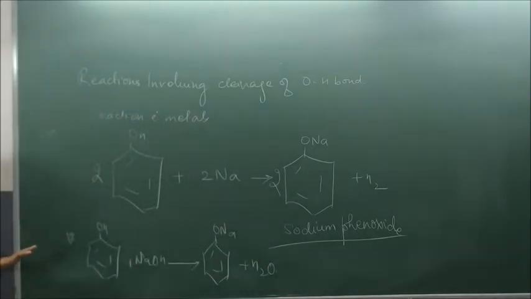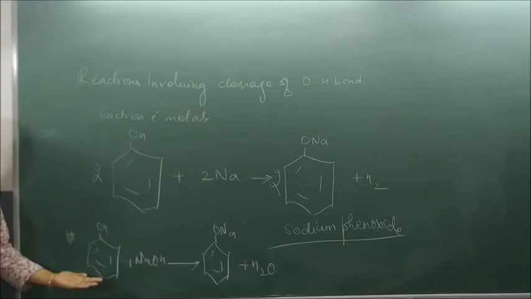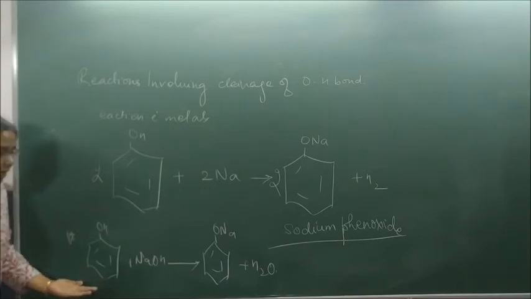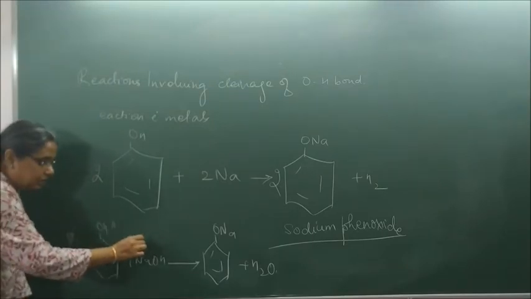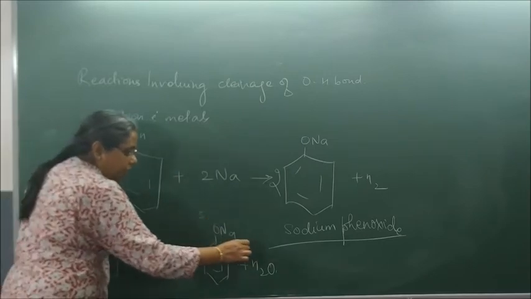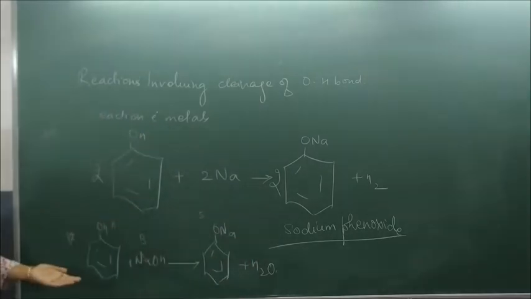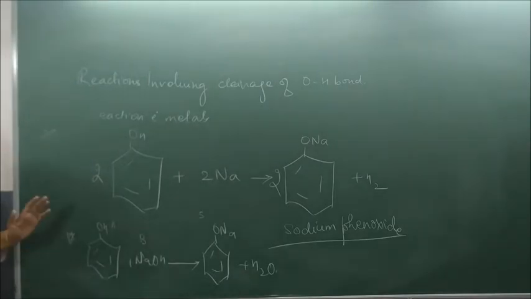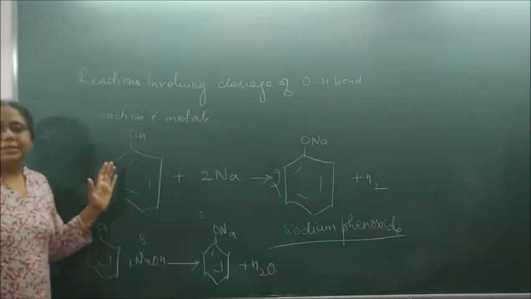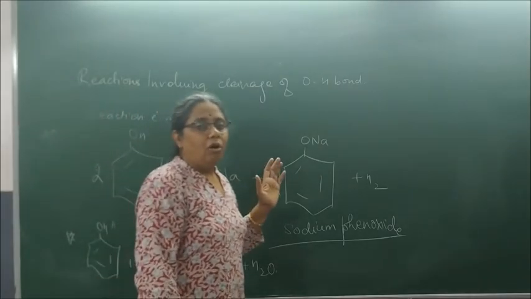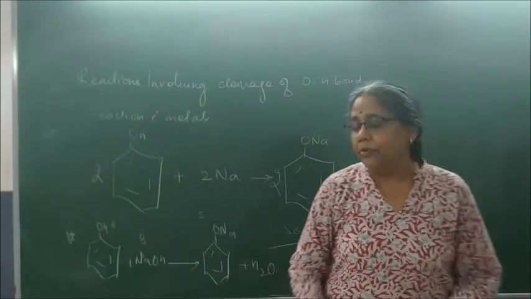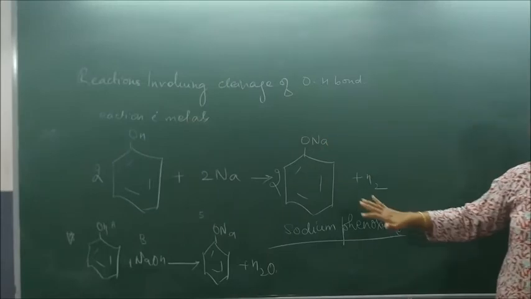So please understand, this also shows the acidic nature of phenol. If phenol is an acid and this is a base, this forms salt and water. This reaction is called a neutralization reaction.